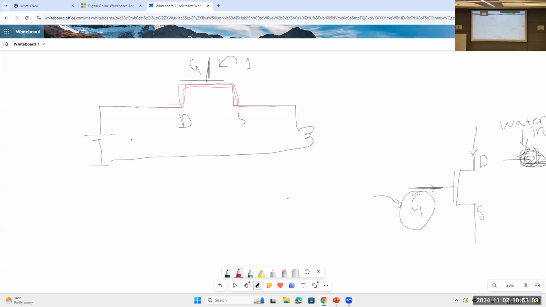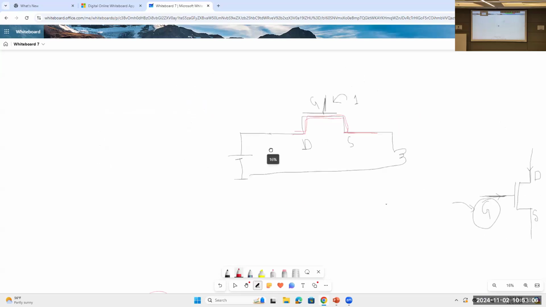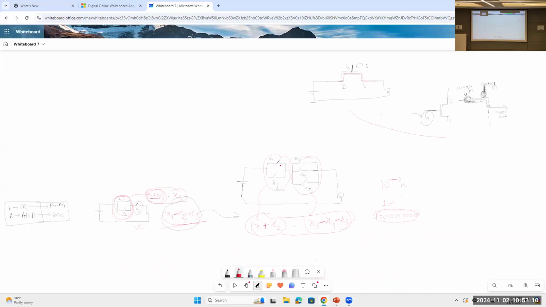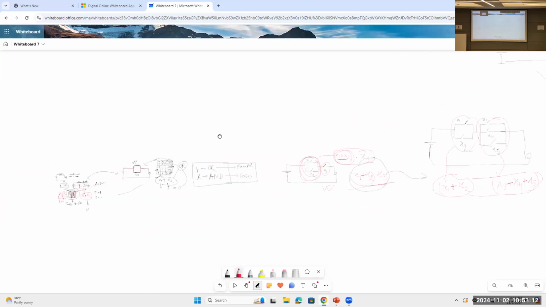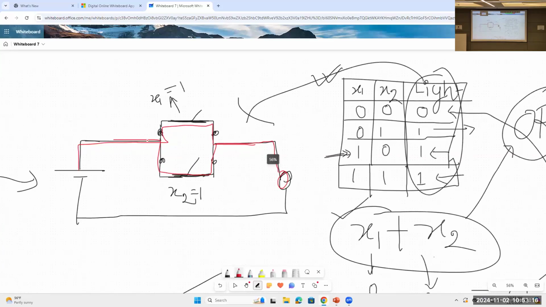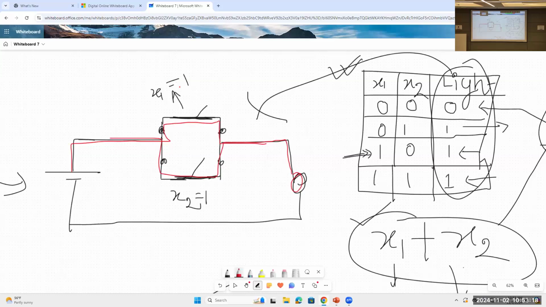Okay, so simply in the previous circuit, as you can see, let me just bring that out. Like here. So if we put x1 equal to 1, then the switch was connected, and if we put x1 equal to 0, then the switch is not connected. As simple as that.